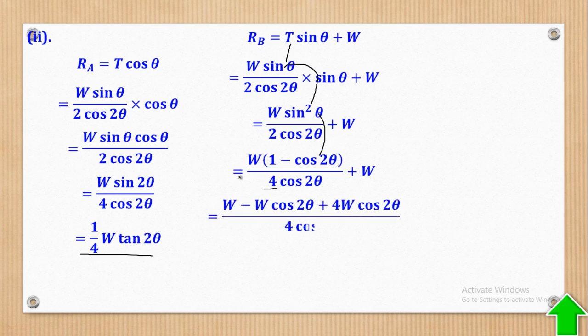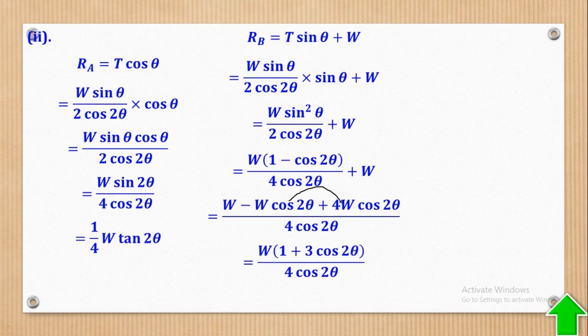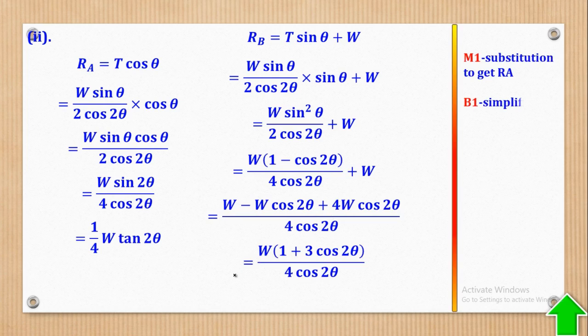The next is to put everything under one quotient by getting the LCM, which is this. Therefore this LCM multiplied by this will give me 4W cos 2 theta. The next is to simplify this, and this gives me 3W cos 2 theta. So when I factorize out W, I'll come up with that. So basically that's what they wanted. Now let's see how much can be awarded.